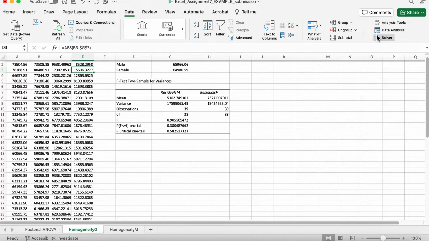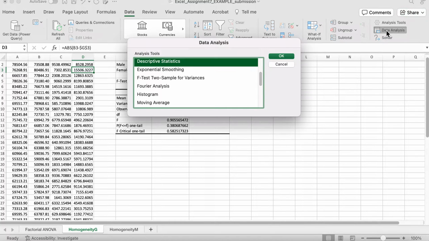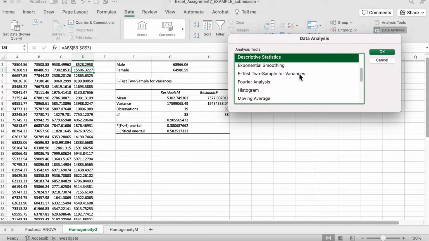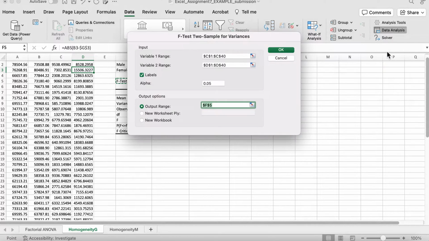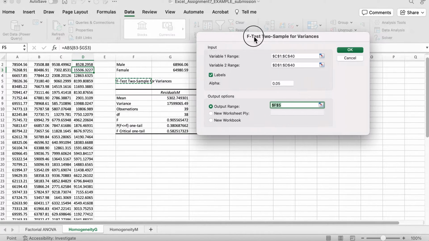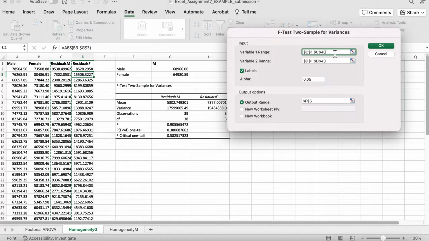And then to run this, this is Levene's test for homogeneity of variance. I use this F-test for two-sample for variances, and I selected the residuals columns.